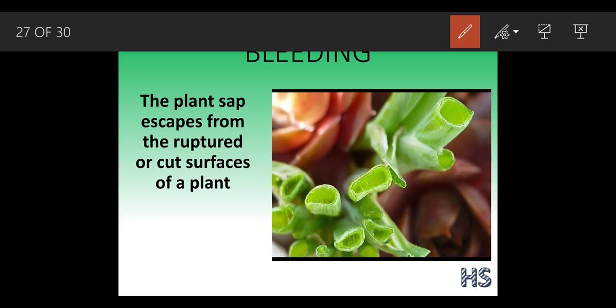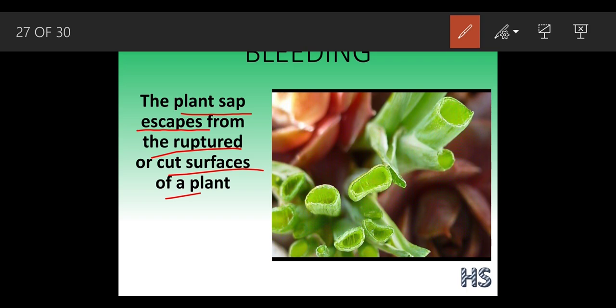How does a plant get injured? Whenever we cut this stem part, the plant sap escapes from the rupture or the cut surface of the plant.